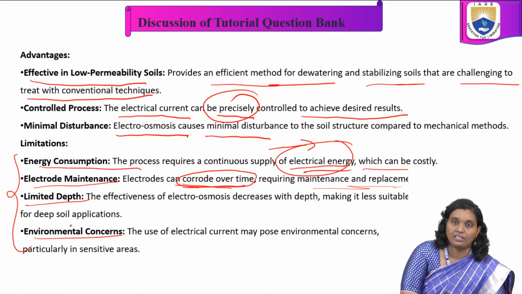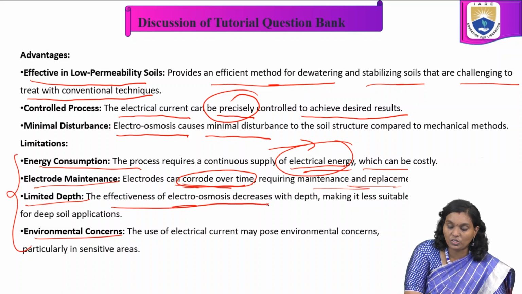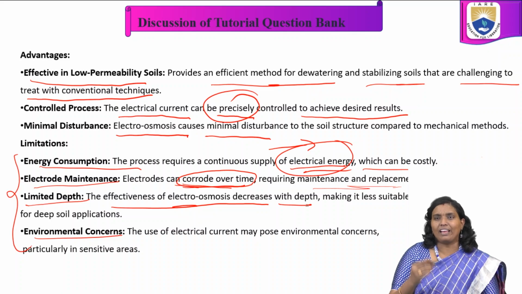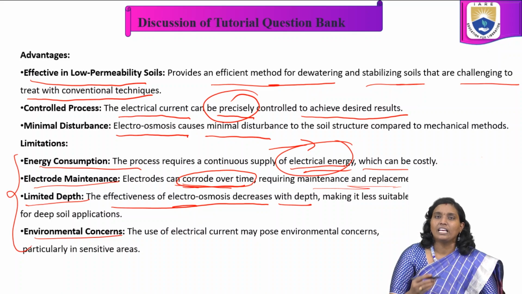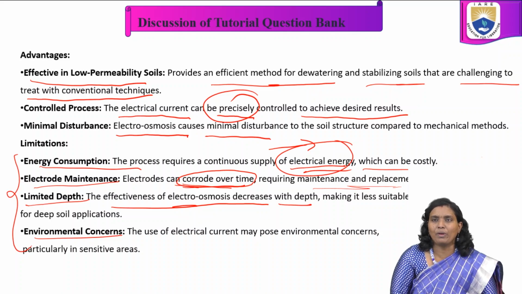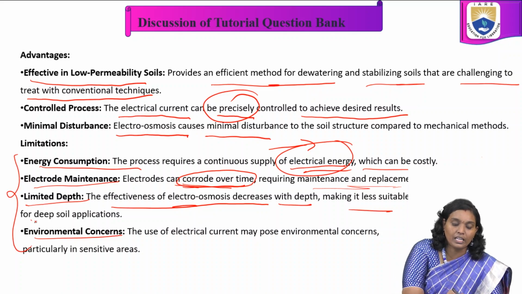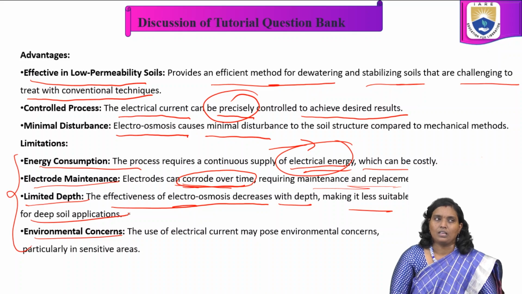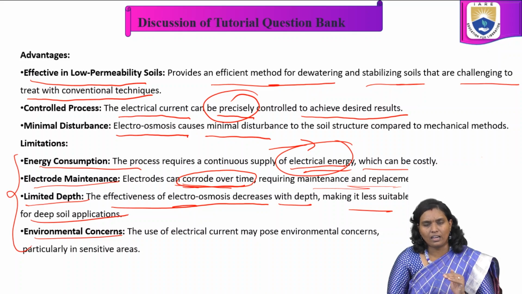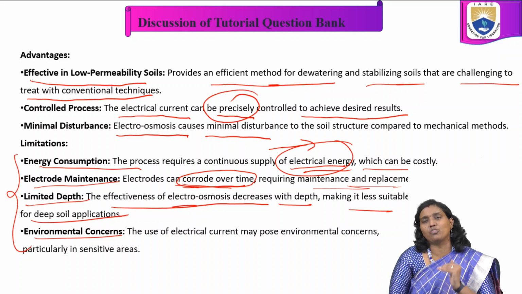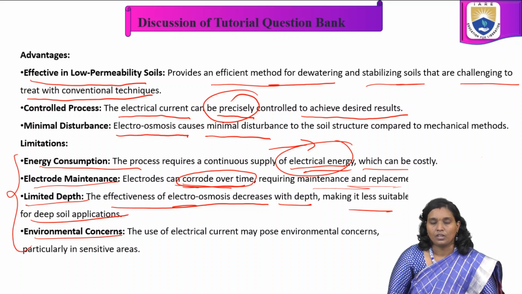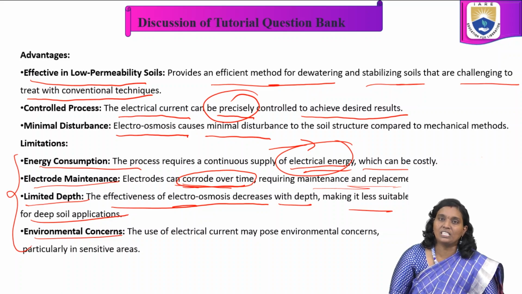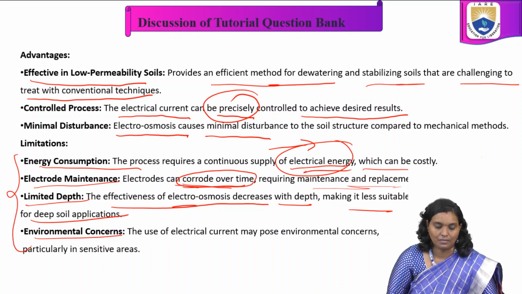In limited depth, the effectiveness of electroosmosis decreases with depth. Whenever the depth increases for getting the dewatering, the effect is less, making it less suitable for deep soil applications. For shallow depths it is adjustable, but as we move deeper it is difficult to get effectiveness using this technique.